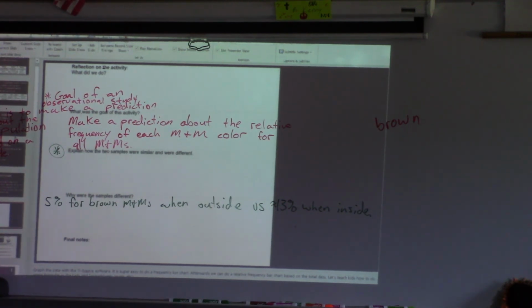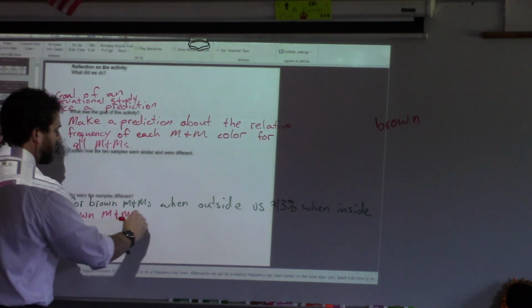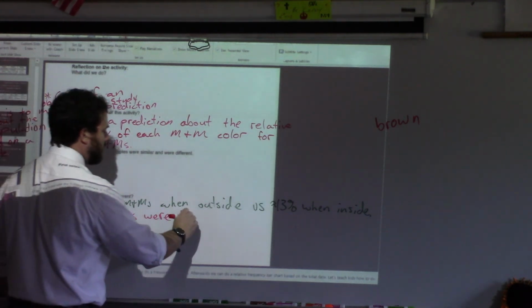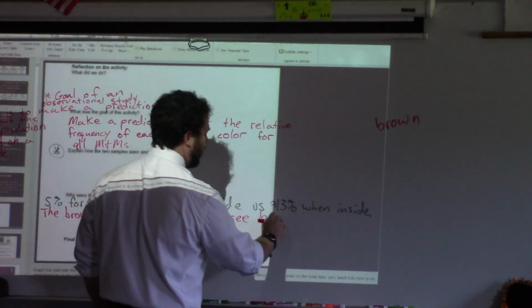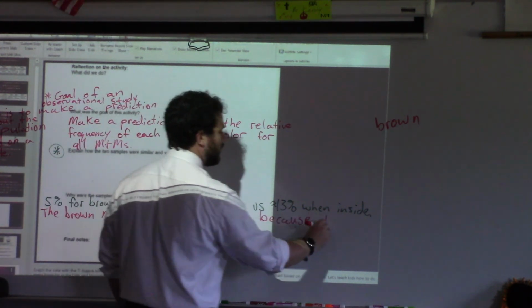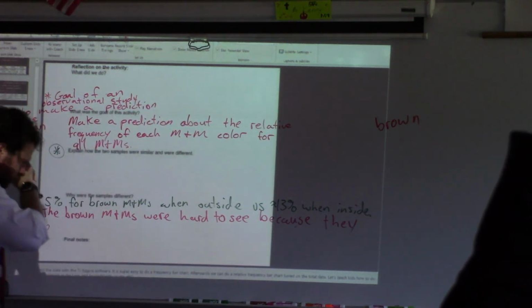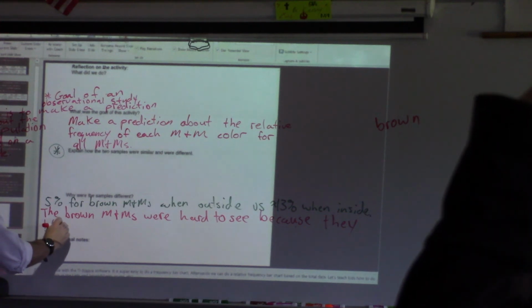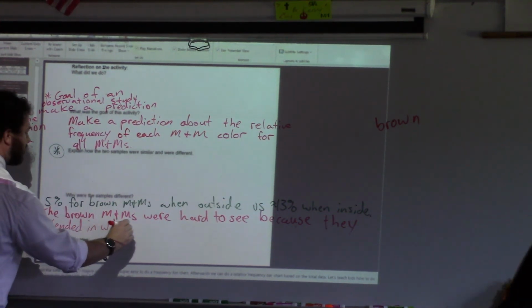And let's just make this note at first. The brown M&Ms were hard to see because they blended in with the dirt.